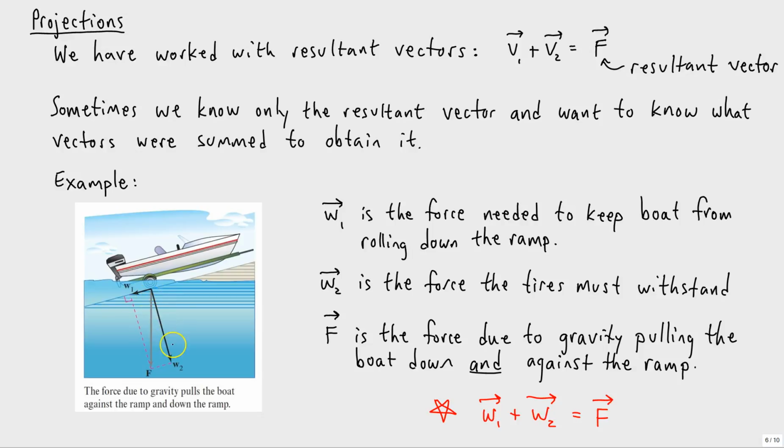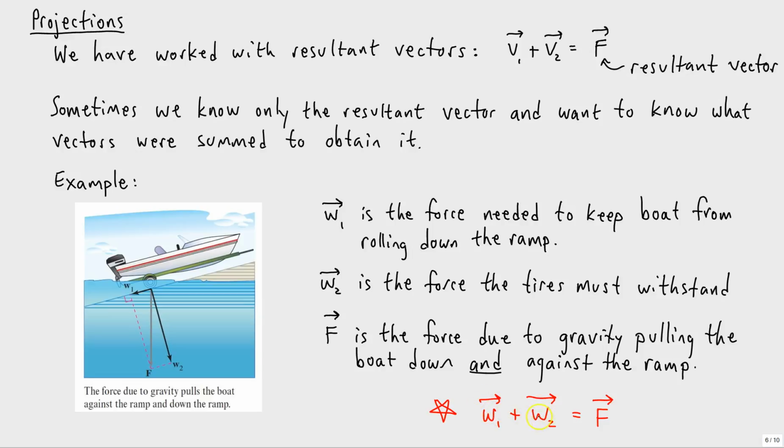Well, W2 would represent the force that the tires need to withstand. And then if you add those together, you get vector F here, which would be the force due to gravity that's pulling the boat down and against the ramp both at the same time. So W1 plus W2 would be F, and F is basically representative of gravity pulling on this boat.